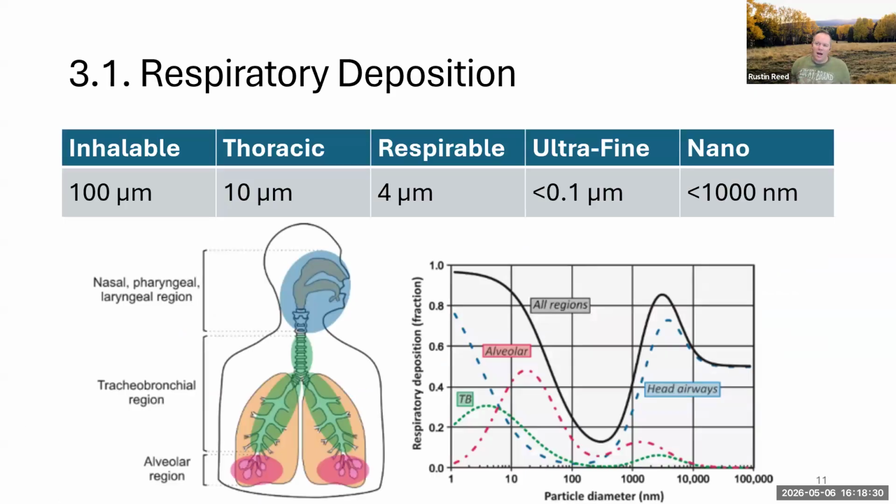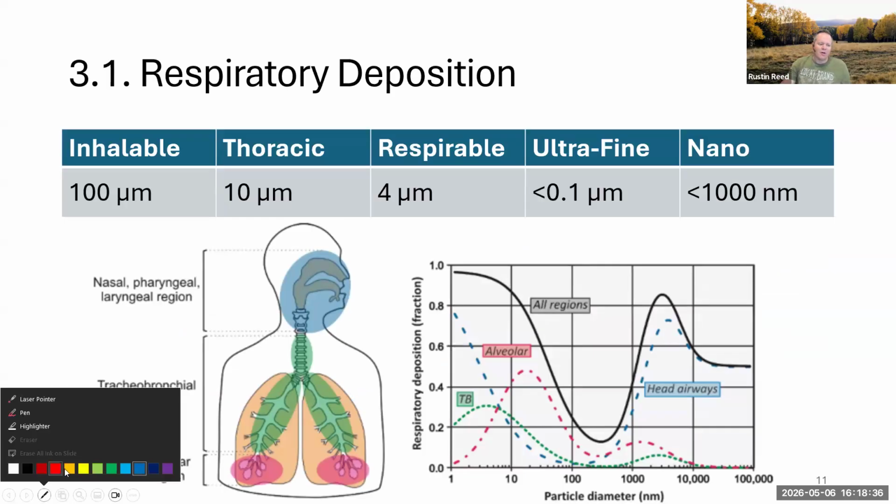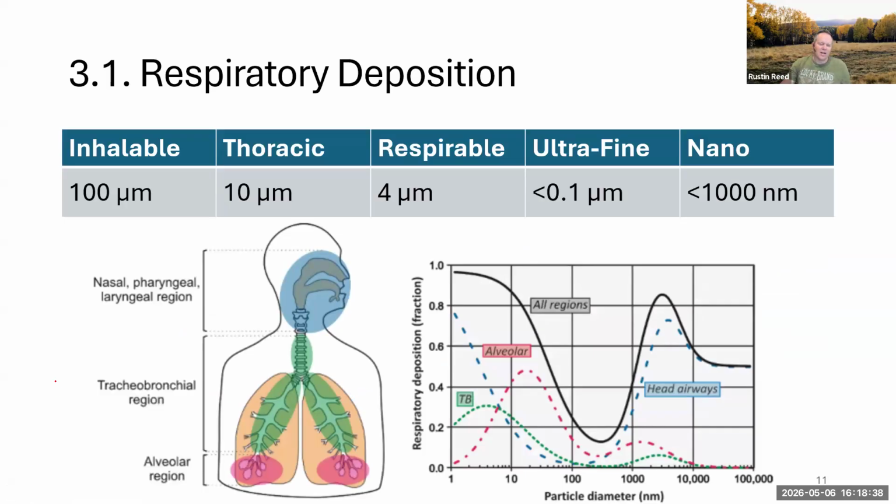Now, we could dive into a lot, and we're not going to, I guess, for better or worse, about respirable particles and selecting particles by size. But the point is, it's called respirable because those particles reach the alveoli, what some people would call the deep lung spaces. The alveoli is where respiration takes place.